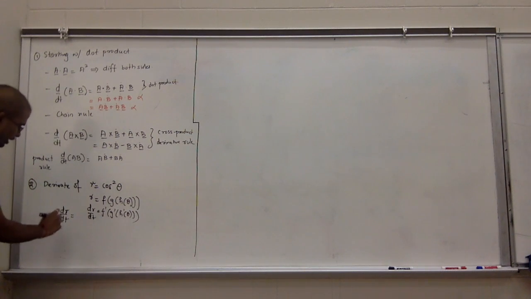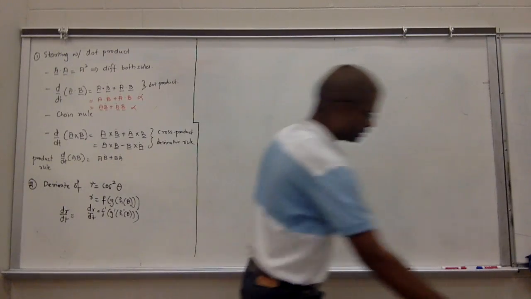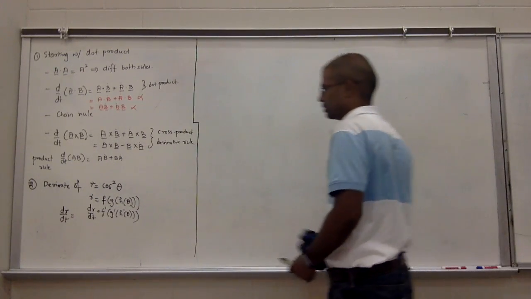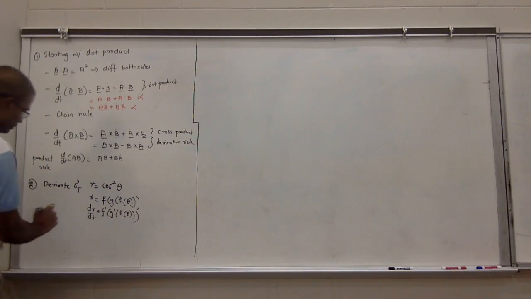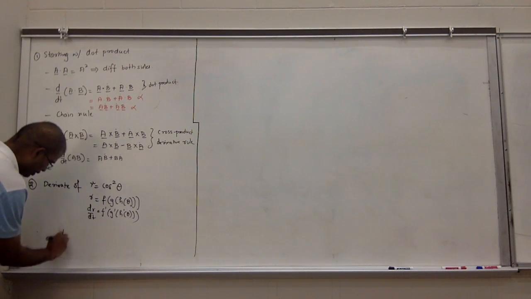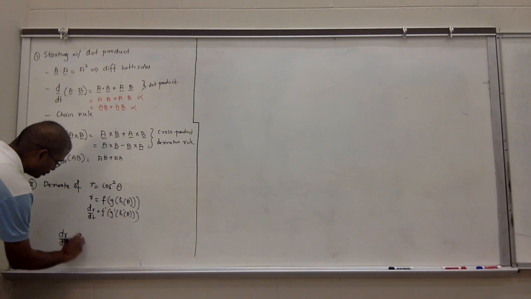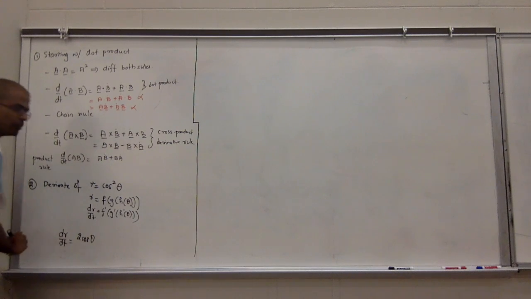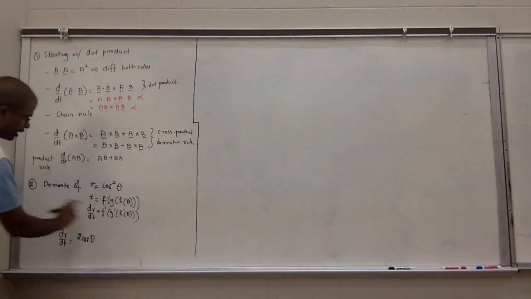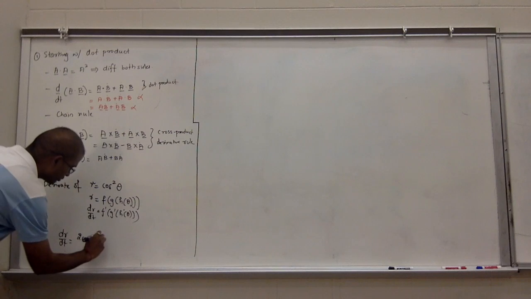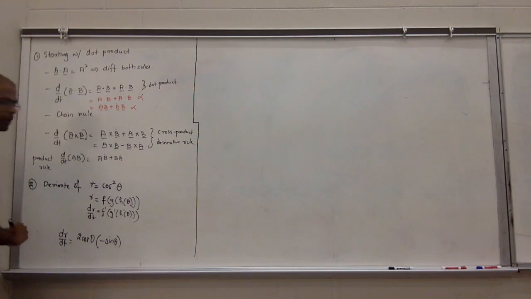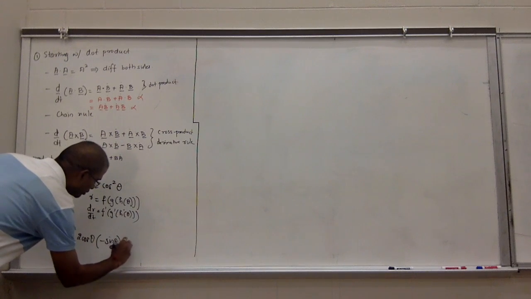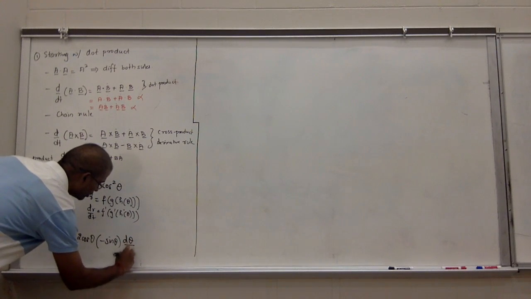So accordingly, dr by dt is equal to 2 cosine theta, that is f prime, times minus sine theta, which is g prime, times d theta by dt, which is h prime.